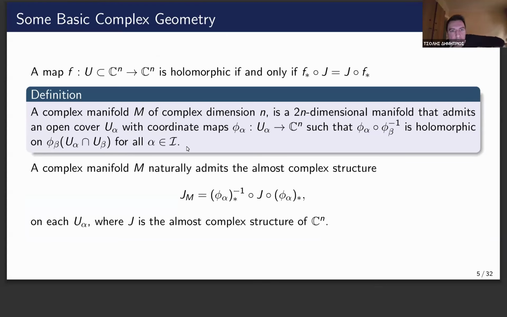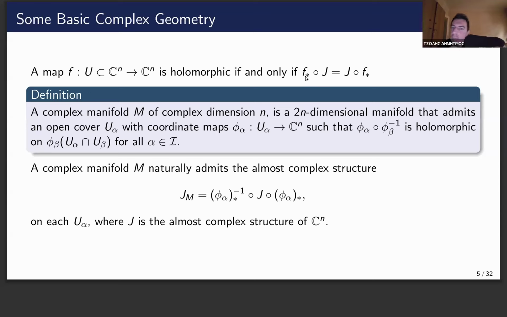Now we can take a map from C^n to C^n, and we call this map holomorphic if and only if this relation is satisfied.